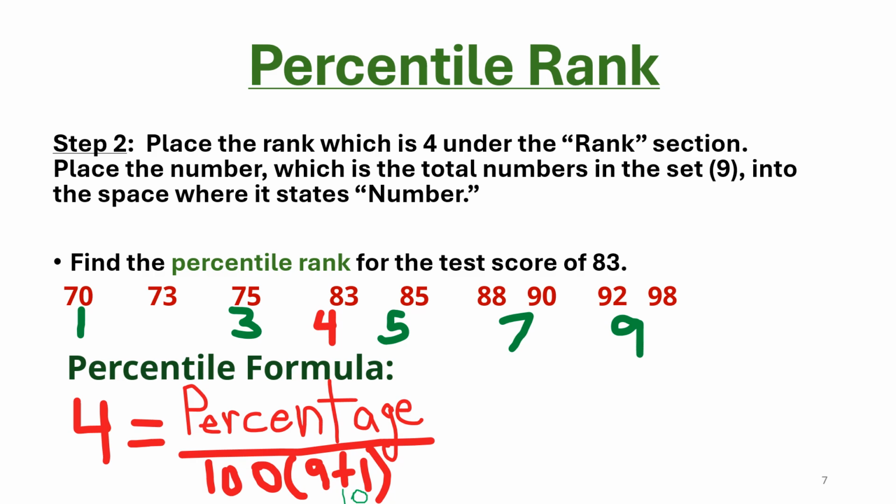Some of your teachers have told you that when you're dealing with percentages, you put a decimal in front of the 10, so that when you get 100 times 0.10, you find that it comes out to be a number. A lot of your teachers told you to just cross out the zeros, and you end up with 10, which is actually easier. But I like to be very forward and show what's going on.